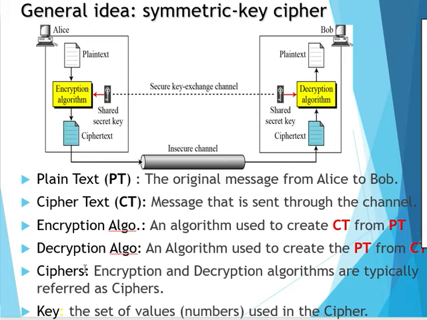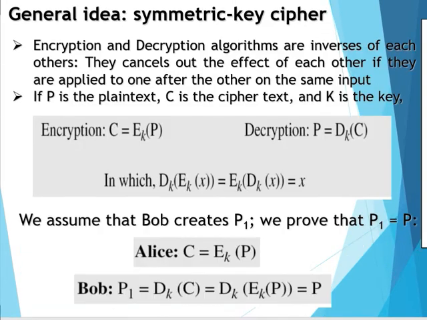It creates the ciphertext from the plaintext. The decryption algorithm is D_K(x), where D is for decryption, K for the key, and x is the ciphertext.